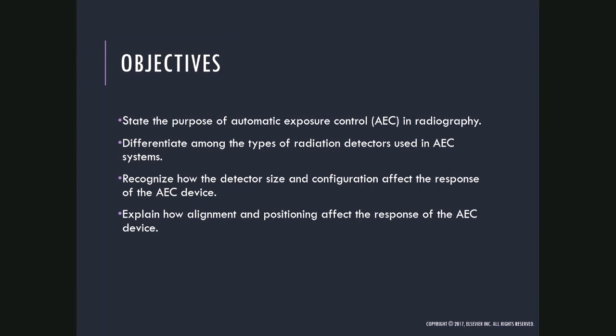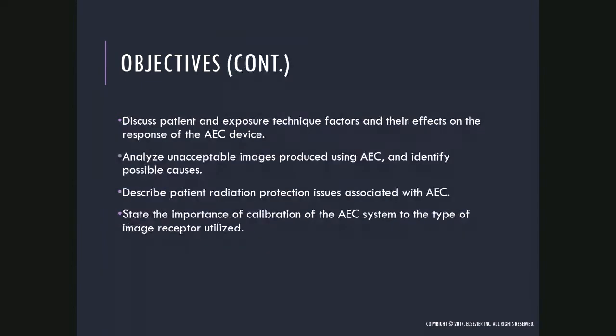Explain how alignment and positioning affect the response of the AEC device. Just like everything else, if you don't have it done right, you'll probably get an image, but it may or may not be right. Discuss patient and exposure technique factors and their effects on the response of the AEC device. Analyze unacceptable images produced by AEC and identify possible causes.